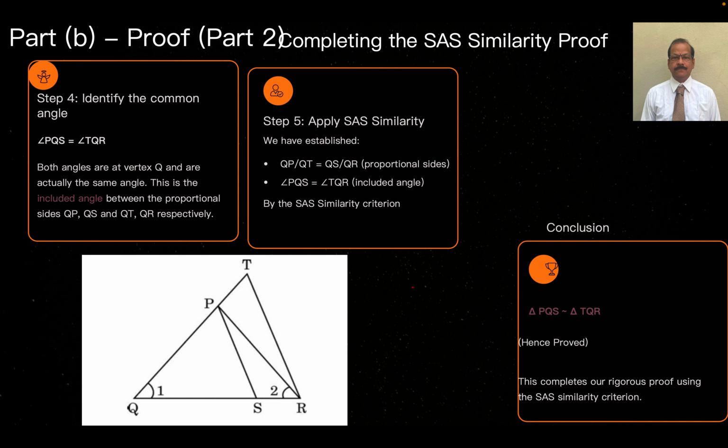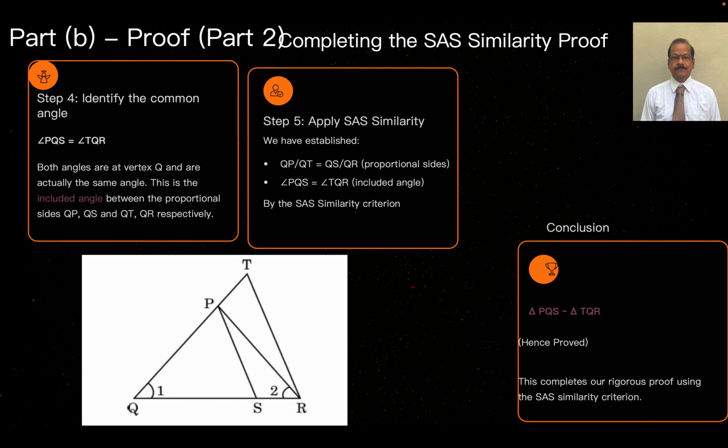Now, because it's the same angle, the included angle, the common angle, that's why they are equal. Both angles are at vertex Q and are actually the same angle. This is the included angle between the proportional sides QP, QS and QT, QR respectively.